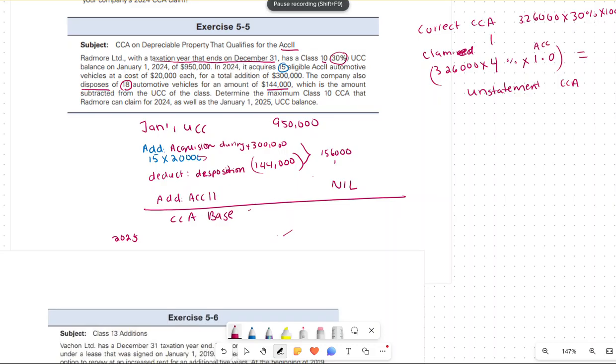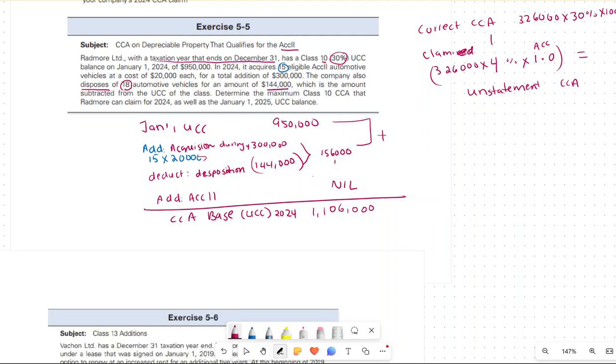So we needed a depreciation for the year 2024. When you have a base, this is the base that we're going to take our CCA on. You take the 950,000, add your 156,000, and I will get 1,106,000 in my CCA base. And this is my base, and we could also say that is the UCC on December 31st, 2024.